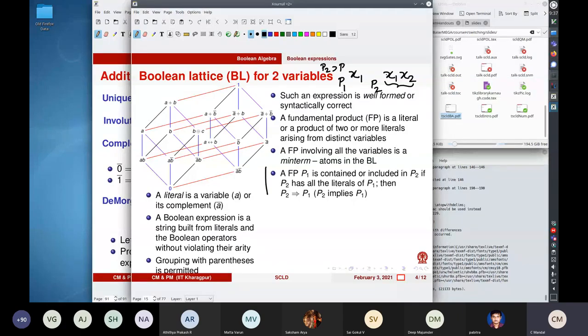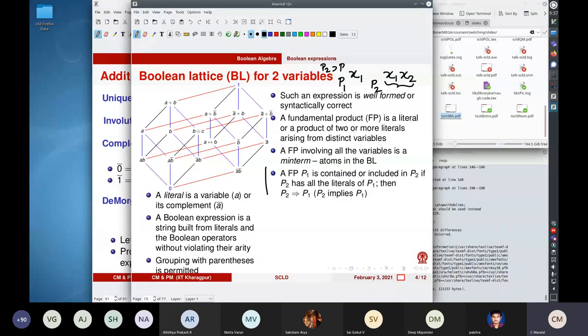Yeah, that is all right. So sorry, this is correct. No problem with this. So P1 is contained in P2, is included in P2. So the fundamental product P1 is contained or included in P2 if P2 has all the literals of P1, and in that case P2 implies P1.